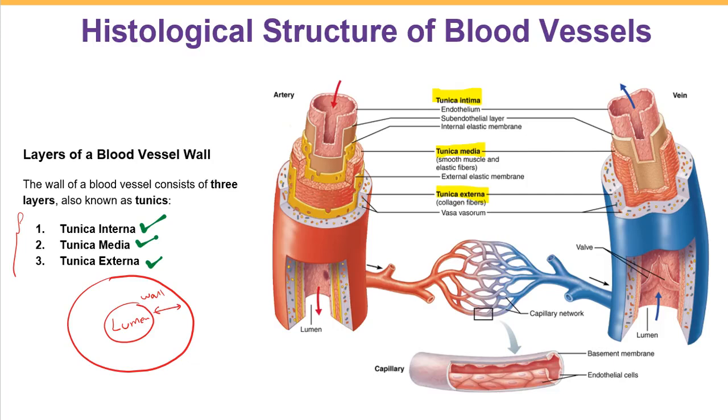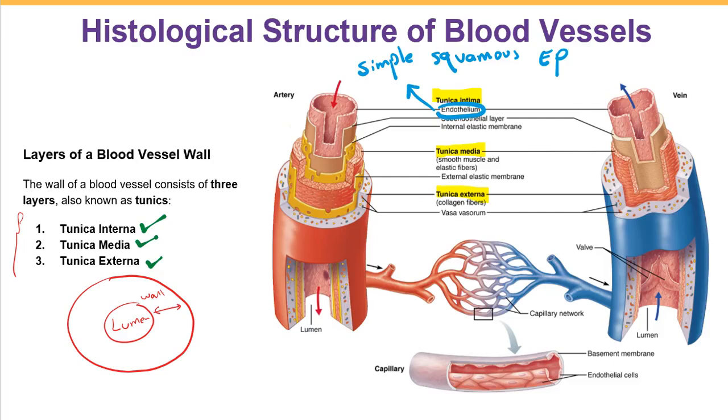So tunica intima is actually composed of the endothelium, which is the simple squamous epithelial tissue lining the blood vessel wall, lining the heart.